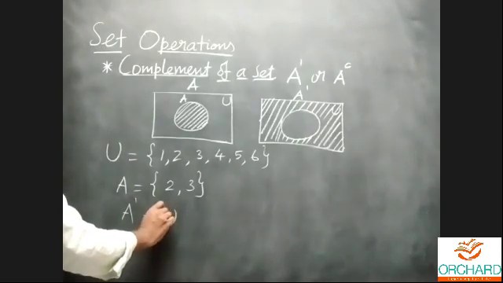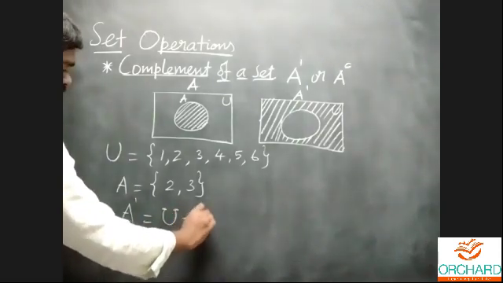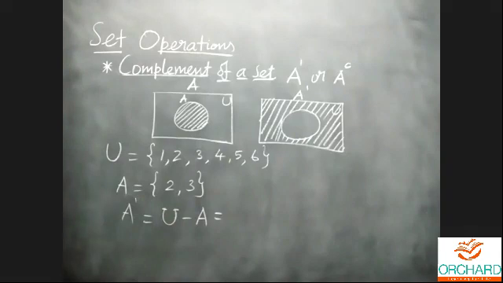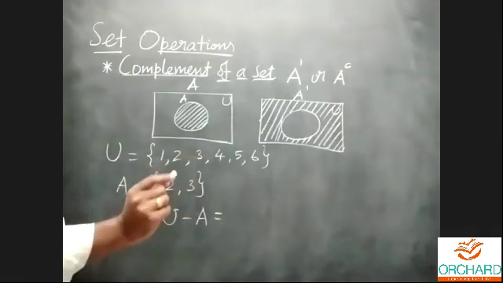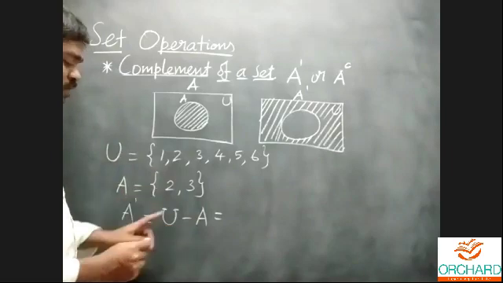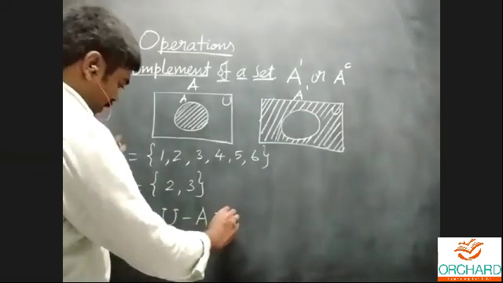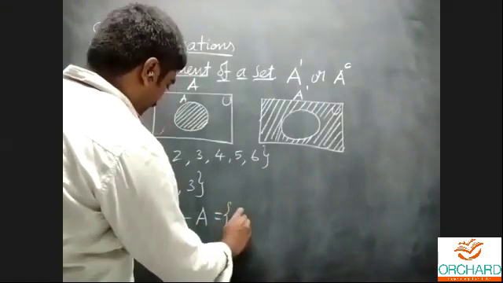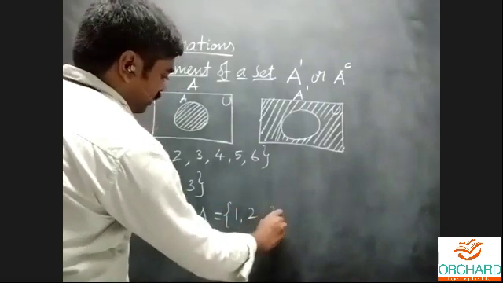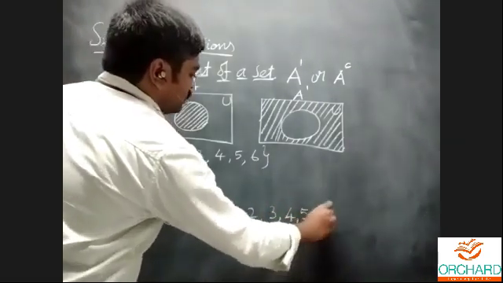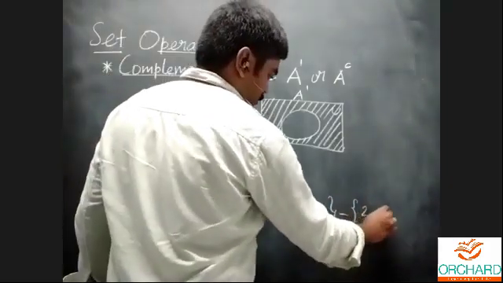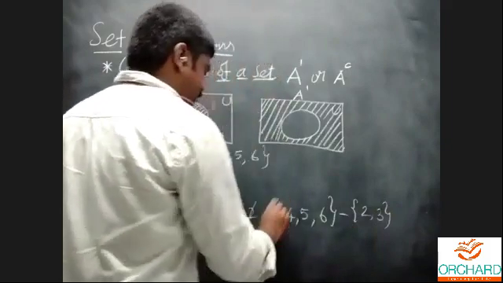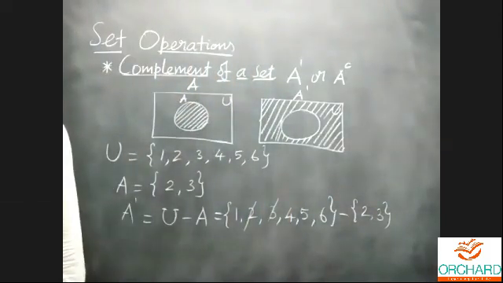Universal set difference A. To remove the elements of A from the universal set, students listen carefully, strike out the elements using only a pencil. Write down the elements of the universal set 1, 2, 3, 4, 5, 6, and remove 2, 3. Yes, 2 and 3 get cancelled.